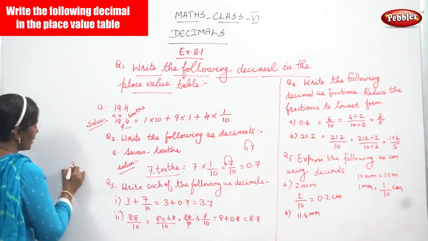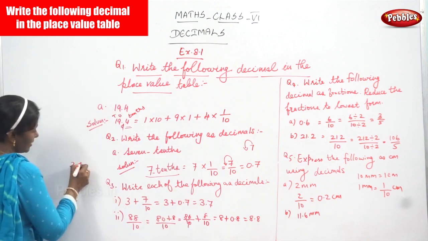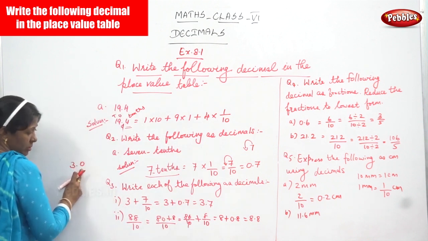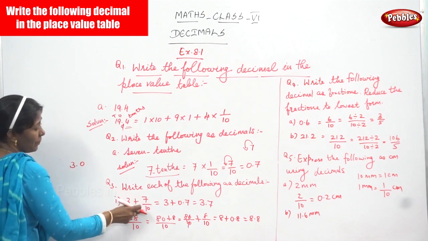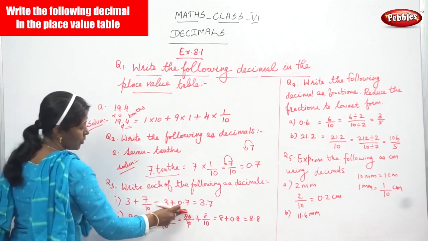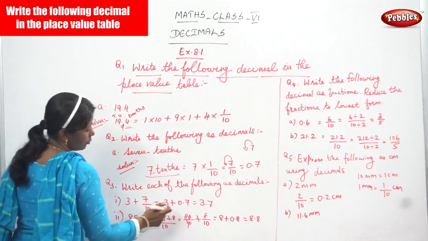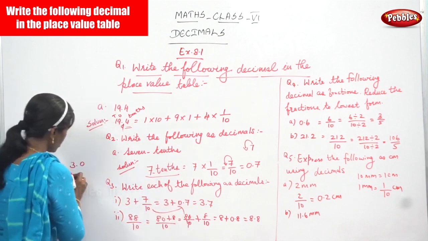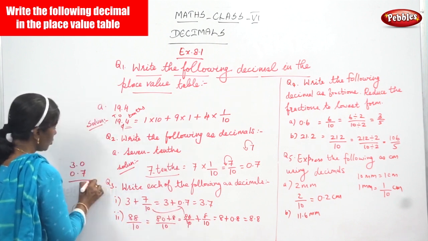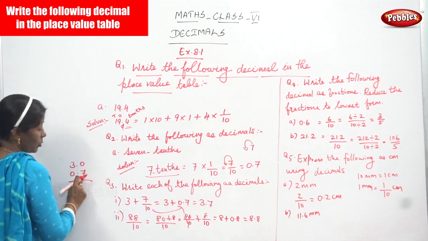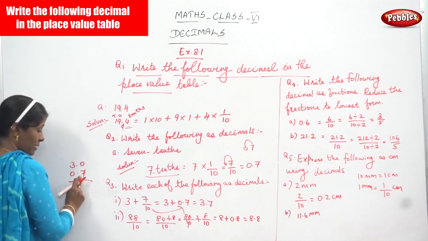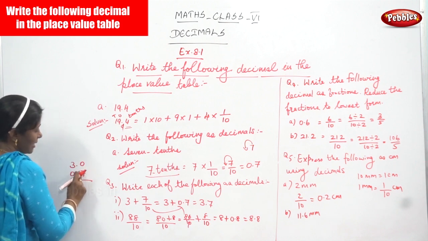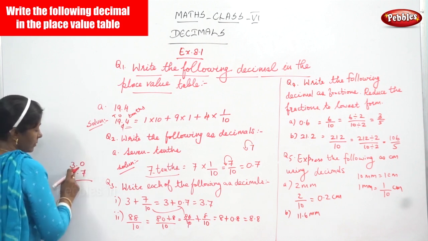So 3 is a whole number, after that put a point, then add 0. 7 by 10 becomes 0.7. This is a fraction converted into decimal form. After the point the number is 7, this is 7 tenths. That is the reason you add it to the whole number.